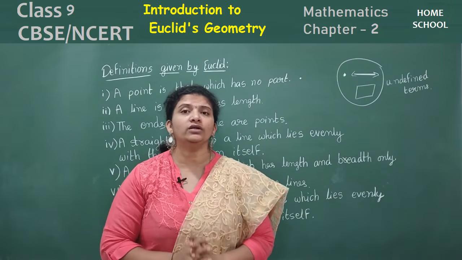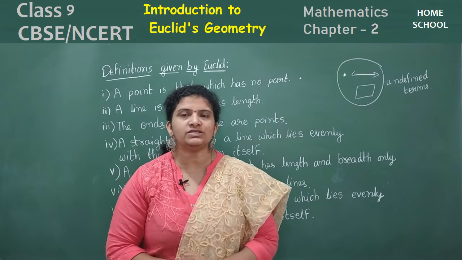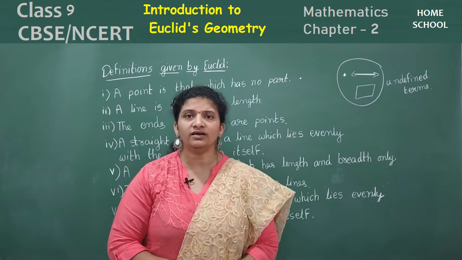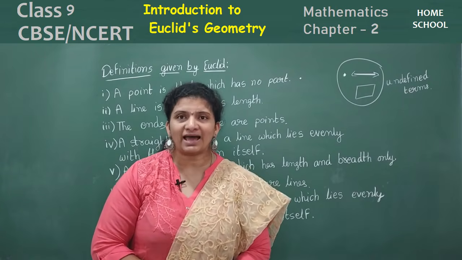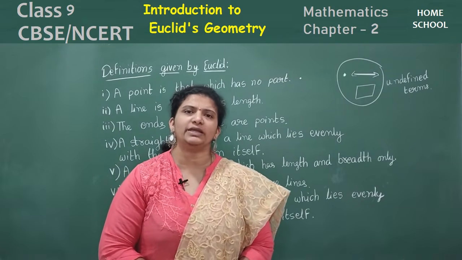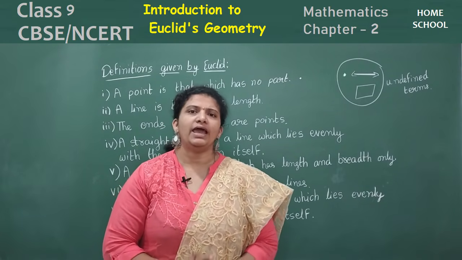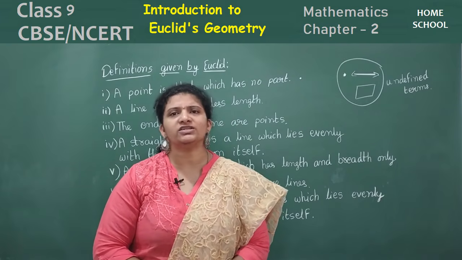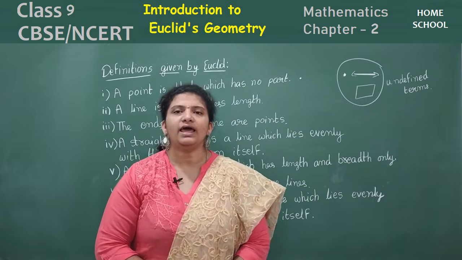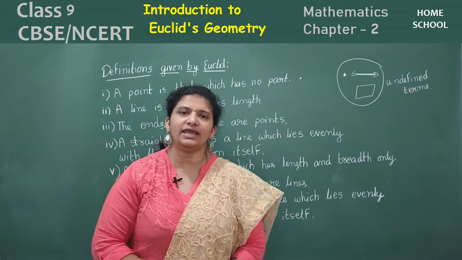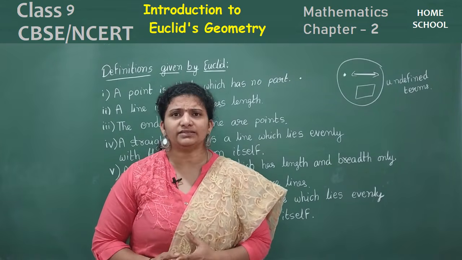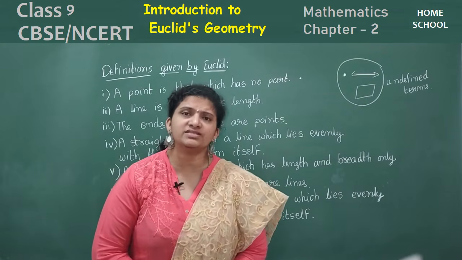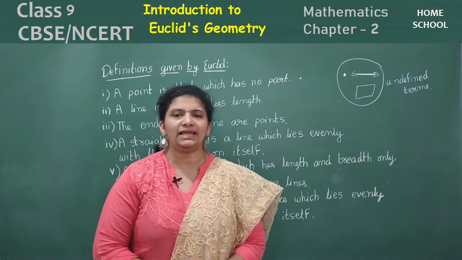Now we are going to see what Euclid's geometry is. Have you heard of Euclid, children? Euclid is well known as the father of geometry. Who is he? Around 325 BC, Euclid was a teacher of mathematics at Alexandria in Egypt. He collected all the known work and arranged it in his famous treatise called Elements.